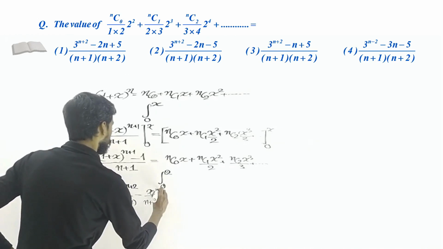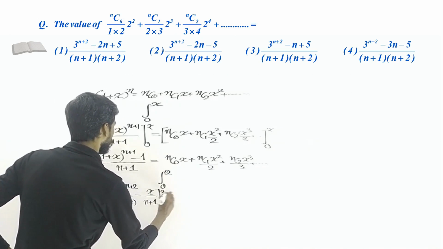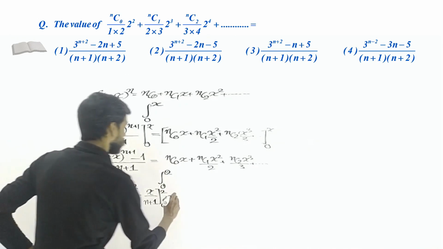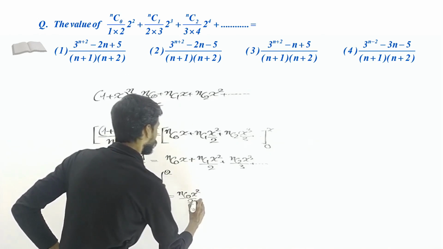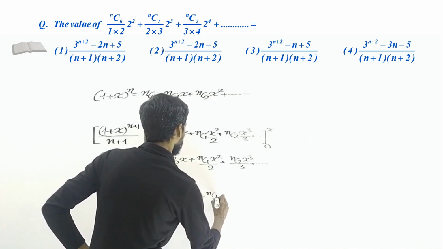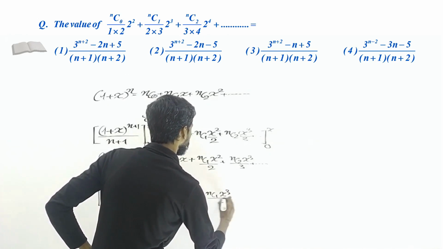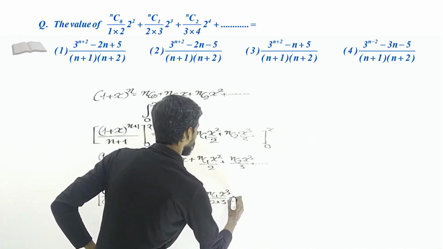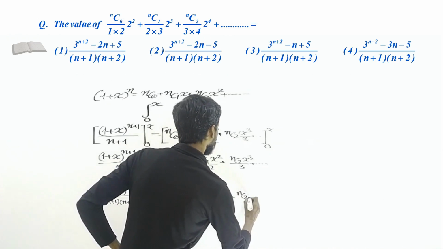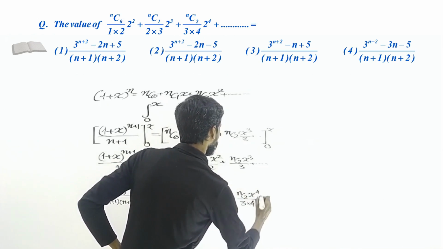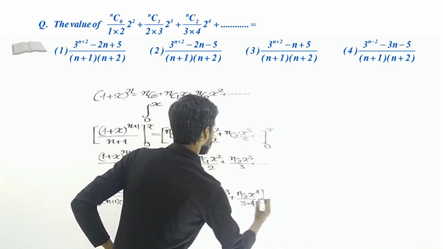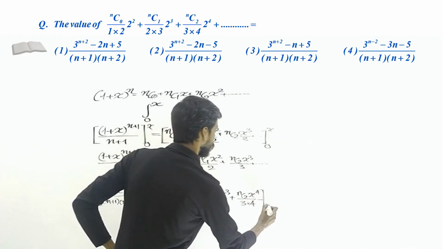So this integration from 0 to 2. Now similarly that one, nC0 x square divided by 2 plus nC1 x cube divided by 3, already 2 is there, 2 times 3, plus nC2 x to the power 4 divided by 3 multiplied by 4, and so on. So that is from 0 to 2.